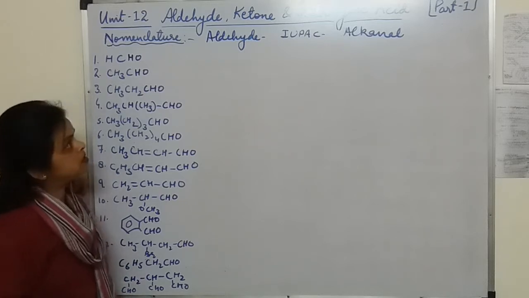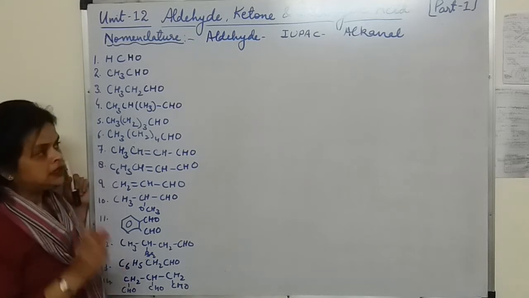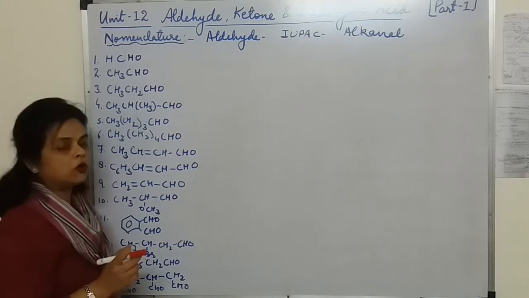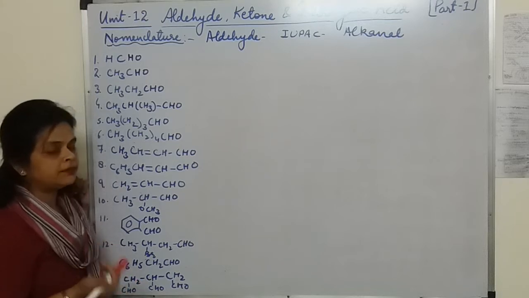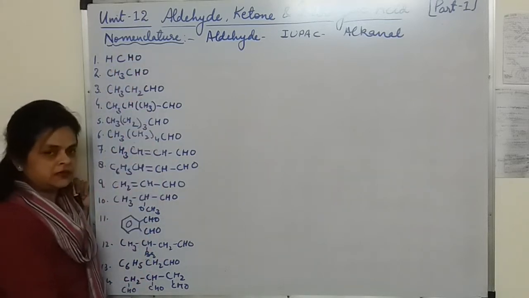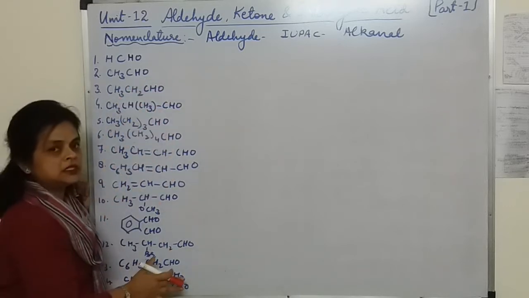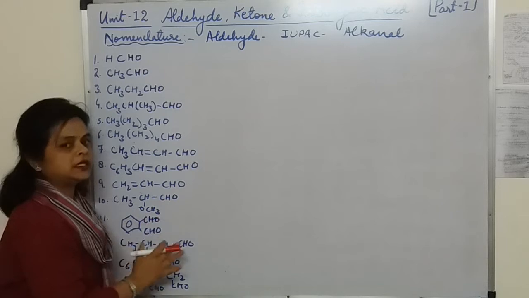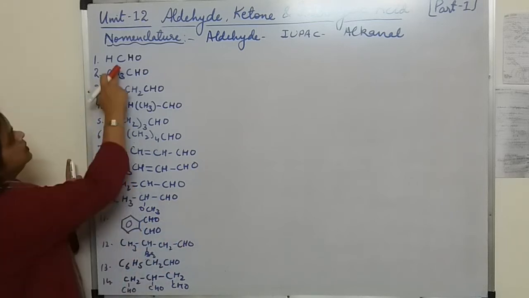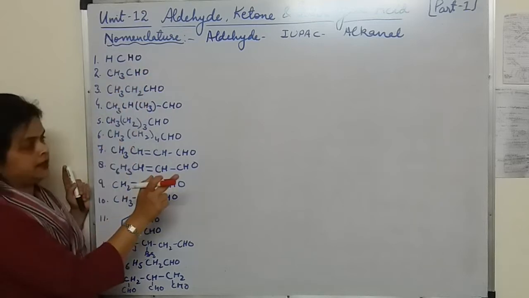Okay, now students, whenever we are writing the common names of the aldehydes, the ic acid of the common name of the acid is replaced by aldehyde. Suppose I take the same series which I had taken for the carboxylic acids. Here I have simply made the change that instead of COOH we have taken CHO. Now this is a one-carbon aldehyde. What is the CHO group? Aldehyde.